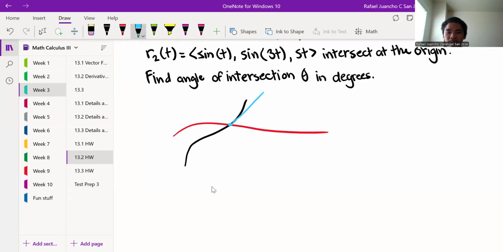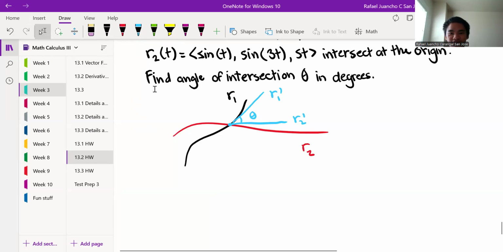We have a tangent line, we have another tangent line. So this is their theta. Right? So we can say this is R1, this is R2, this is R1 derivative, this is R2 derivative. I just thought of that on the fly.